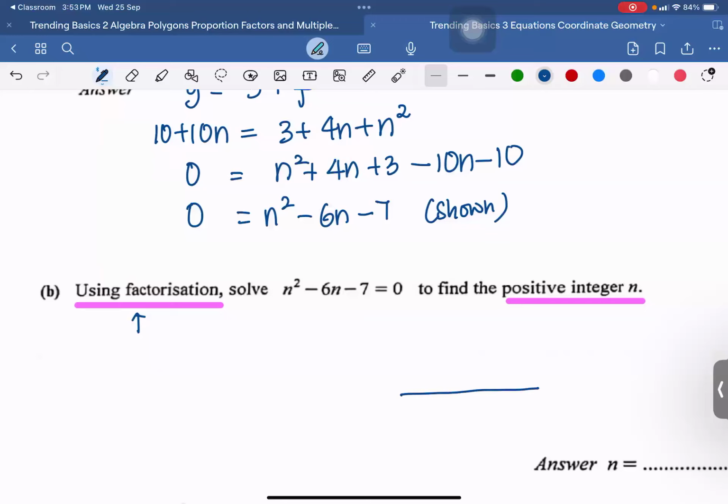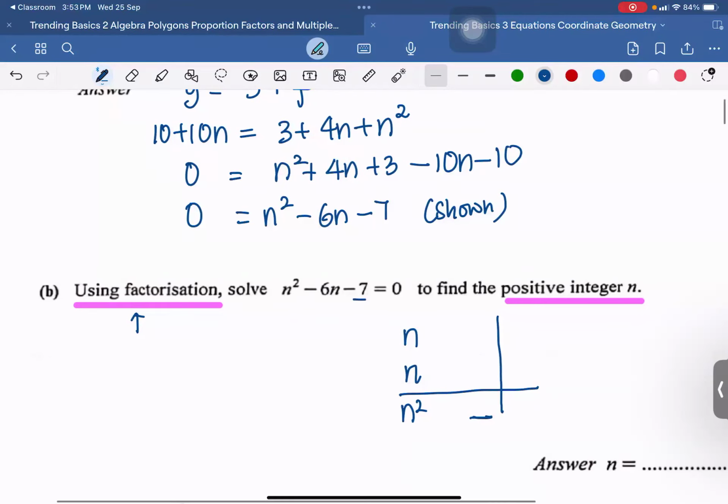So in this case, I have to do my factorization. I want n squared: n times n to give you n squared. Then here, the number is 7. I'll put in the sign later. 7 times 1 to give you 7. We cross. Or you can use your calculator, mode 5 to 2.